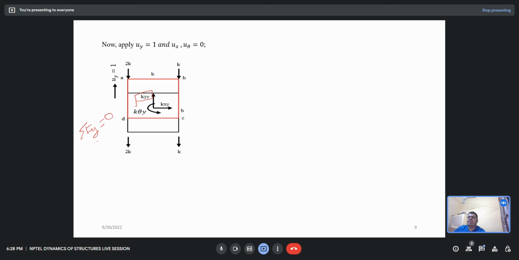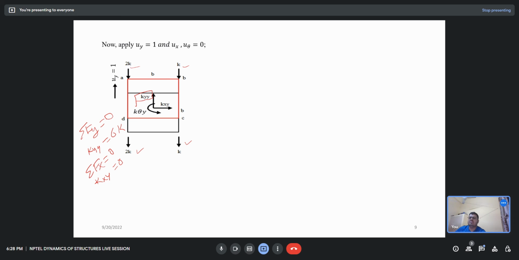So kyy comes out to be, if I add all these forces, 6k. Okay. Now kxy, summation of Fx is equal to 0. There is no force in that direction, so my kxy would be 0.